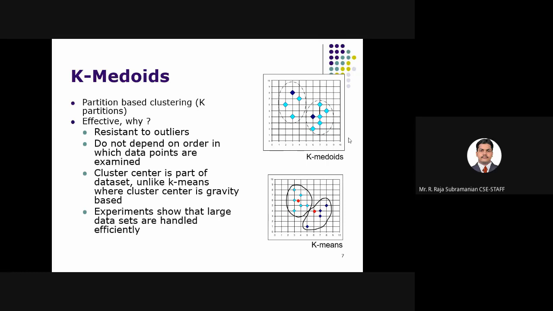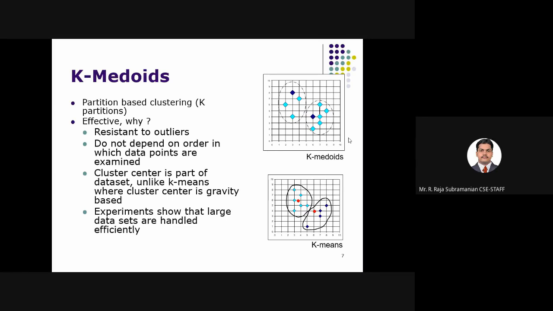But the problem with k-medoids is that if it is a very large data set, say there are 1,000 points in the data set, and I want to select 5 medoids, with a fixed k value of 5, then selecting 5 points out of those 1,000 points is highly complex.